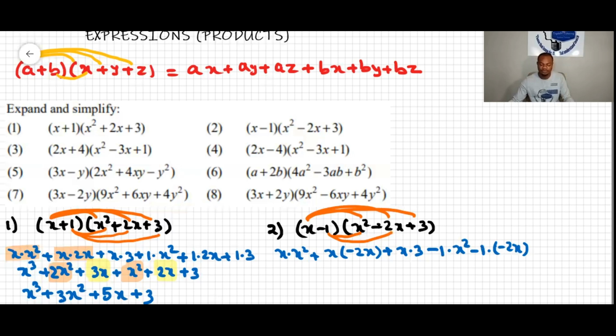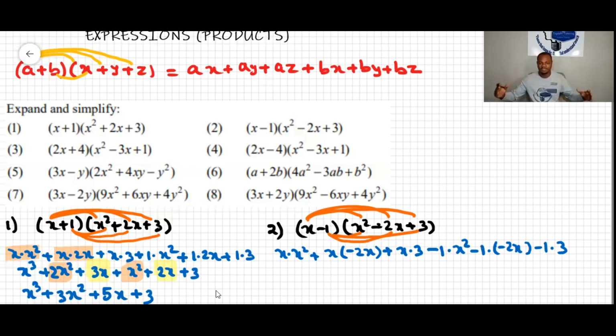And then we do negative 1 times 3, which makes negative 3.